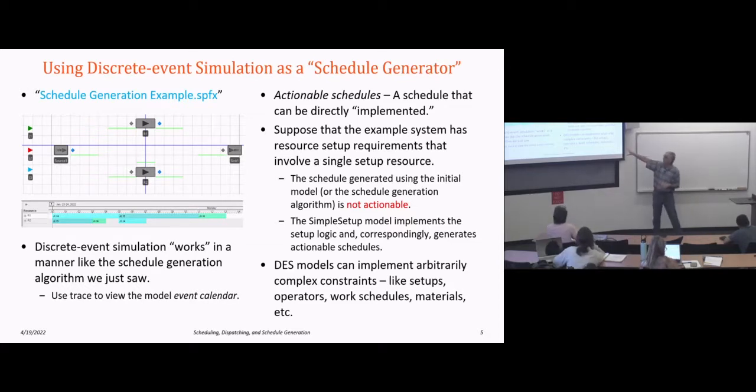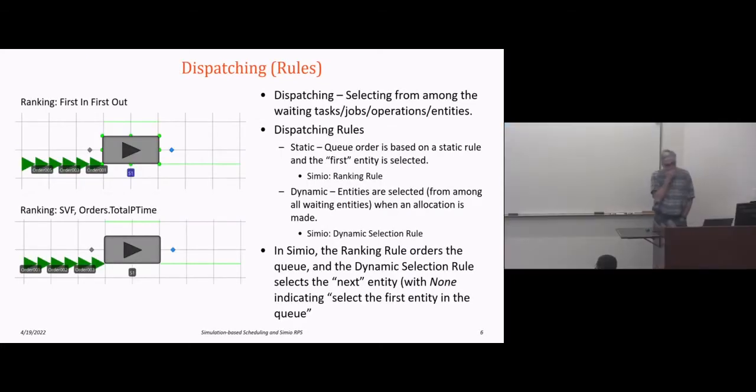The benefit of using discrete event simulation is that we can make models arbitrarily detailed. I can include anything I would like, from setup, sequence-dependent setup, secondary resource requirements, tertiary resource requirements, any of that I can incorporate into my model. And by means of how discrete event simulation works, I'm going to generate a schedule that's feasible and actionable. That's why we want to use the methodology.